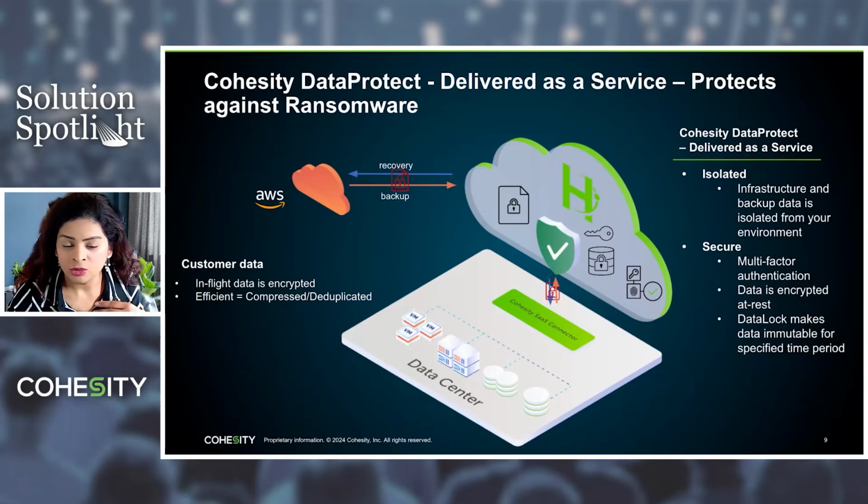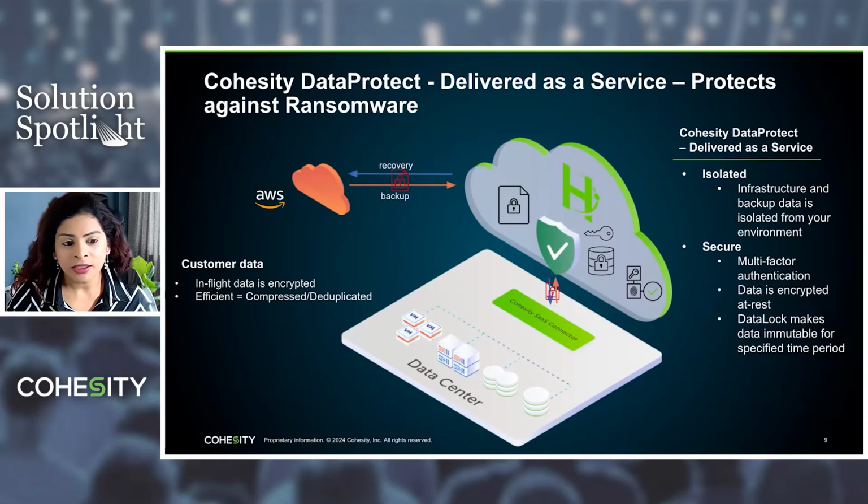You can choose the vaulting or the backup window. You can choose how often you need to be renewing that backup. You can choose when you want to recover that data also, and how far back in time you want to go in case you are hit with a security incident.